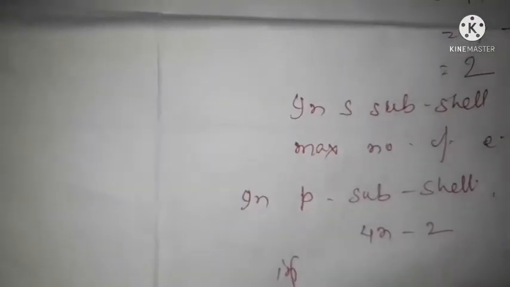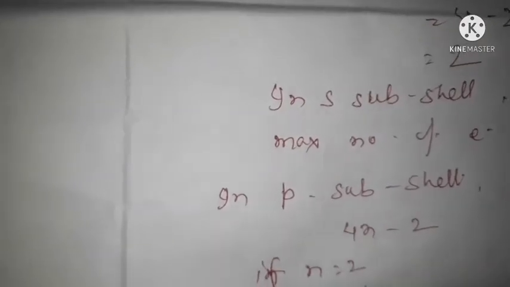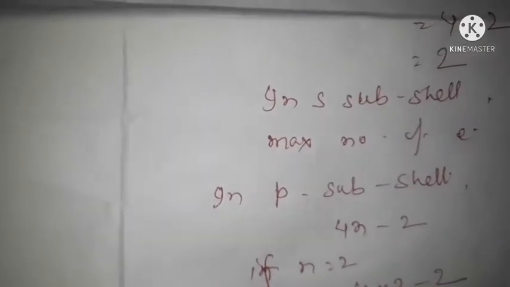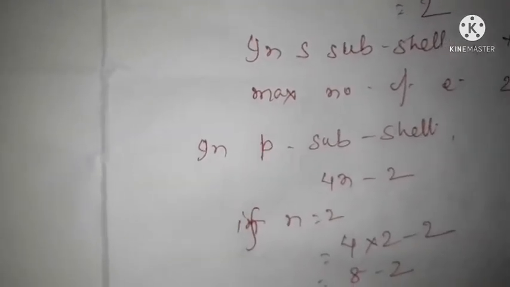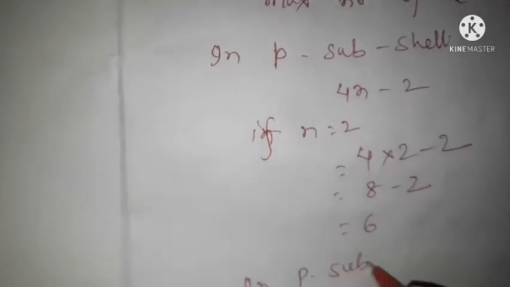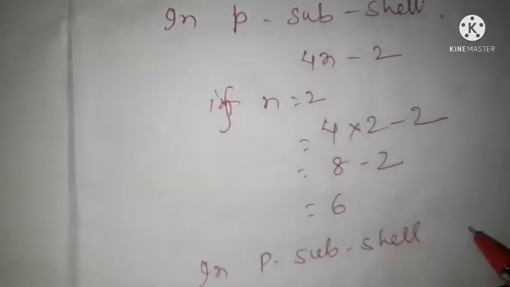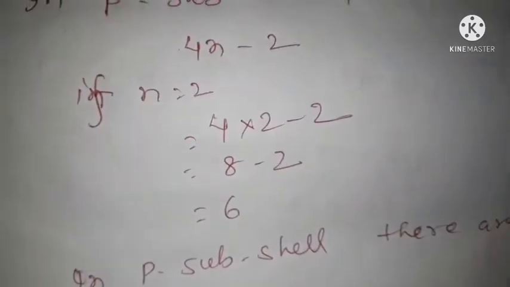If n is equal to 2, then 4 into 2 minus 2 is equal to 8 minus 2, which is 6. So in the P subcell there are 6 electrons present.